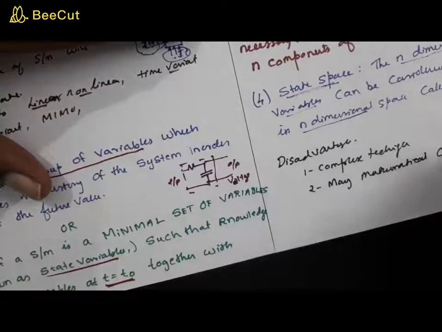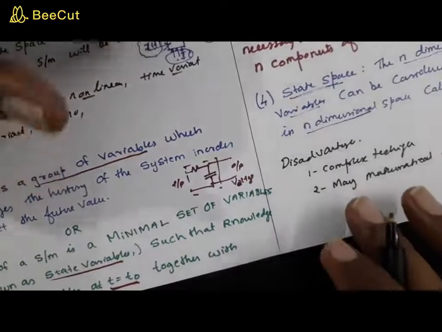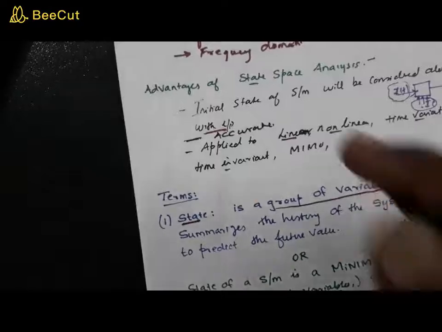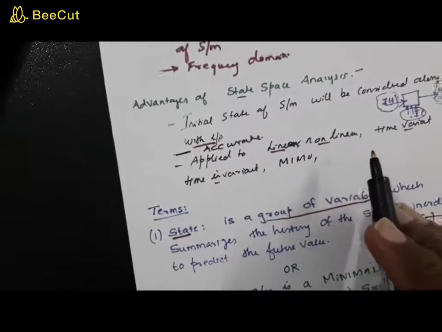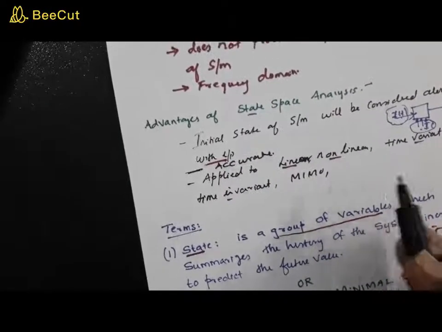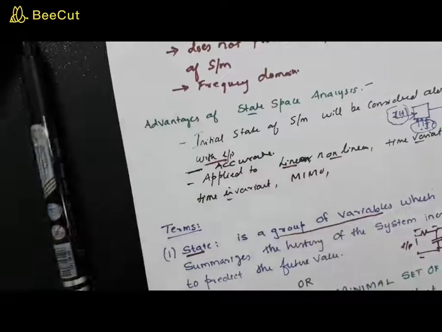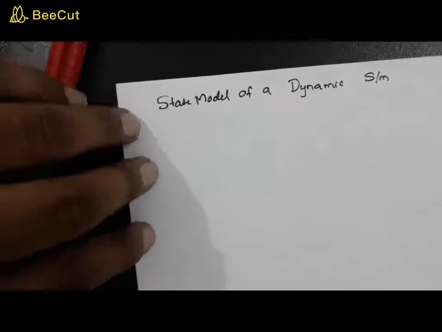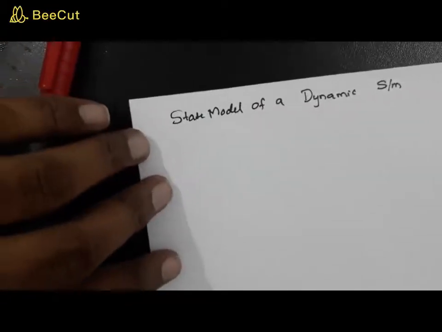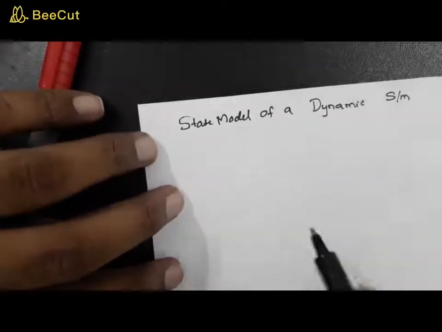Even though these are disadvantages, because of the accuracy, many times in critical systems we prefer state space analysis. Okay, now let's move on to a state model of a dynamic system.